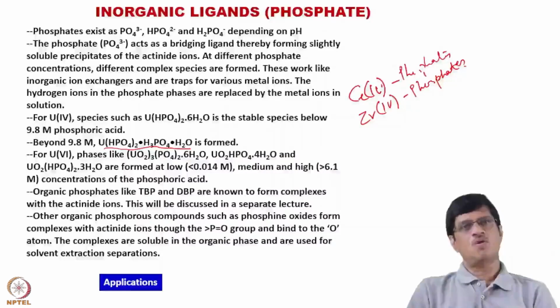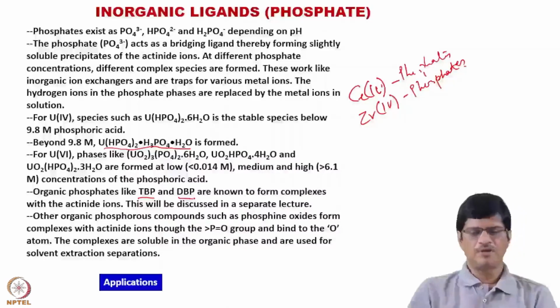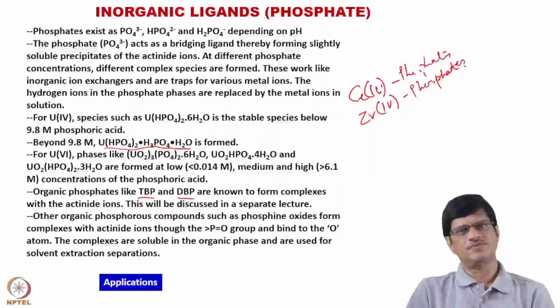Another application is the organic phosphates. What I was discussing were the inorganic phosphates. Now the organic phosphates are very important and will be discussed subsequently, where extractants or ligands like tributyl phosphate, that is TBP, and dibutyl phosphoric acid, that is DBP, are known to form complexes with the actinide ions.